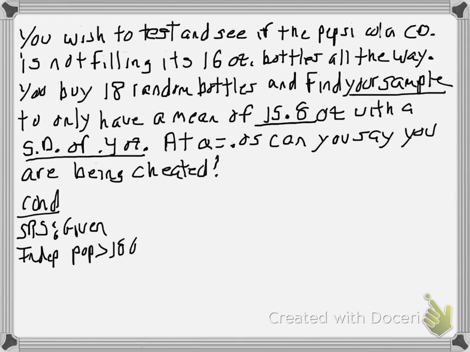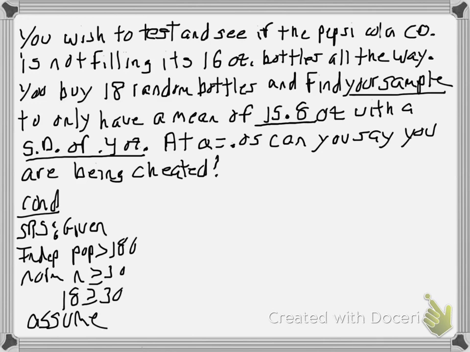Is there more than 180 Pepsi bottles out there? Yeah. And then normality: n greater than or equal to 30. Well, we only did 18. So we have to what? Assume. There's nothing in the problem that says it is normal, so we have to assume. Okay, so our conditions have been taken care of.